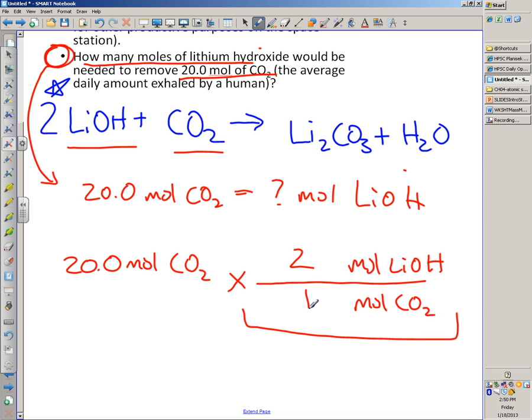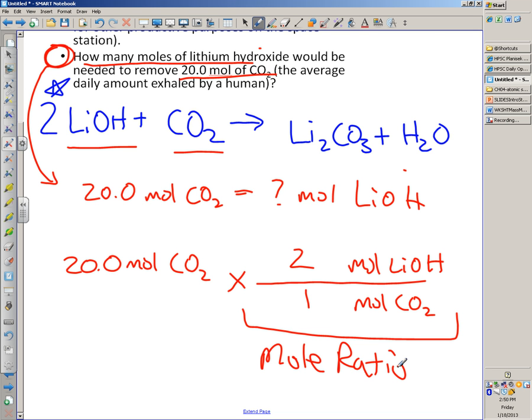This conversion factor that shows the relationship between the moles of one thing and the moles of something else, we call the mole ratio. Pretty inventive name, huh? That specific conversion factor that goes from one part of the equation to another part of the equation, we call the mole ratio.